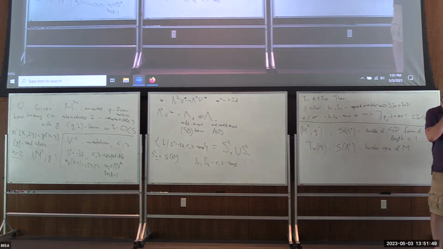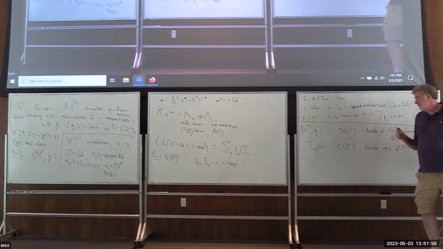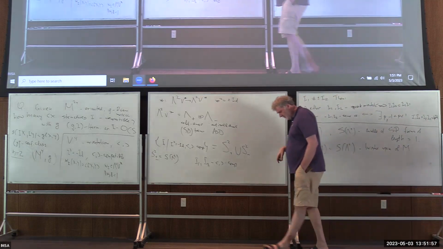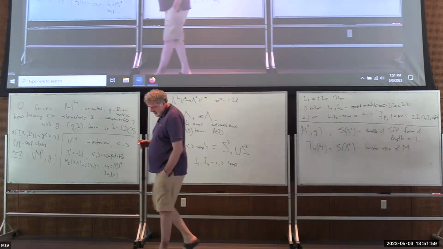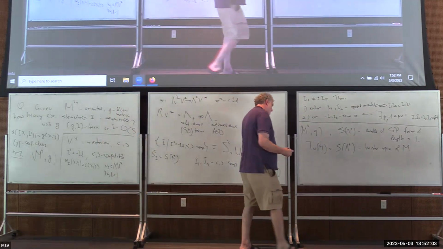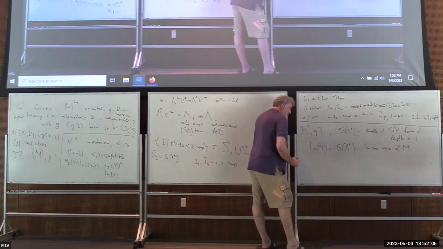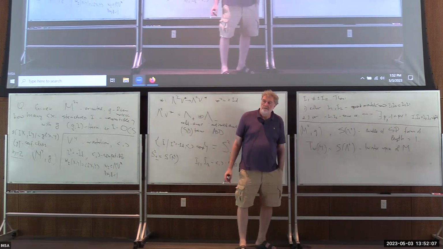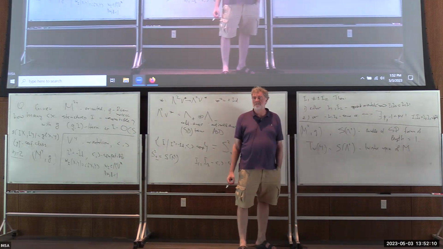And the reason it's interesting goes back to the approach of Penrose in the 50s. And this is the space which parameterizes the pointwise compatible complex structures.